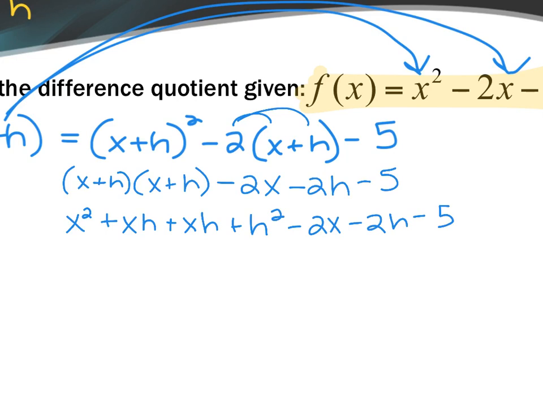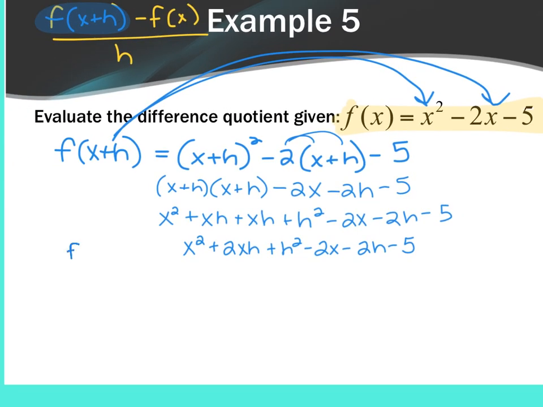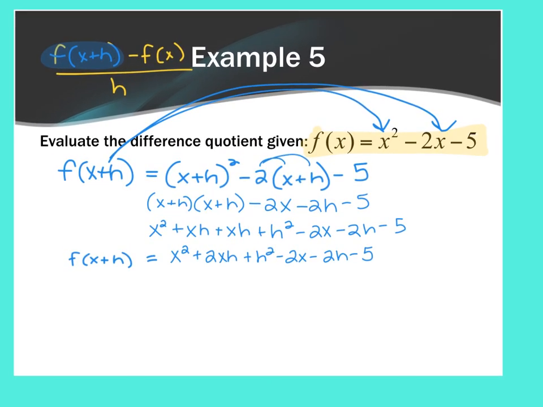And combine my like terms: x squared plus 2xh plus h squared minus 2x minus 2h minus 5. That whole thing is f of x plus h. You with me so far?